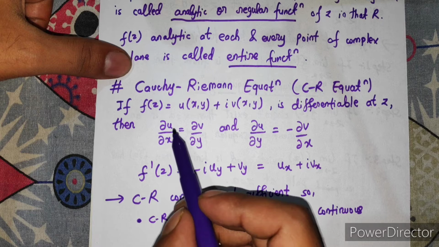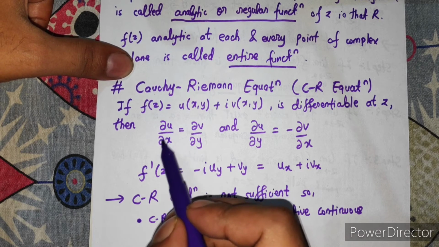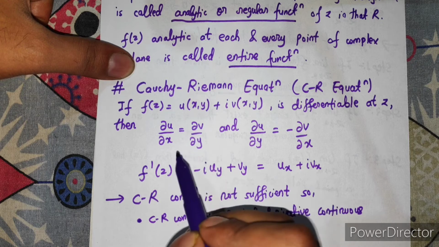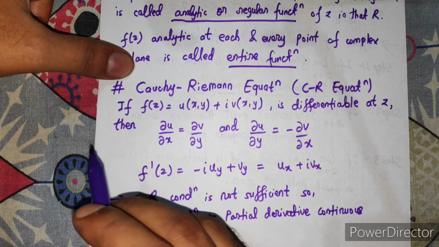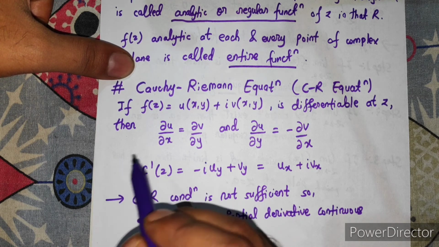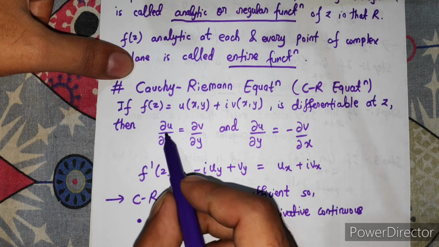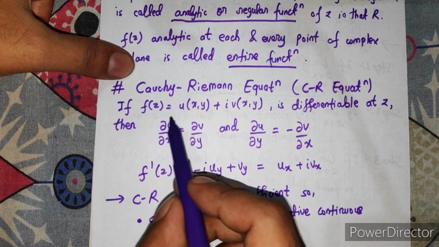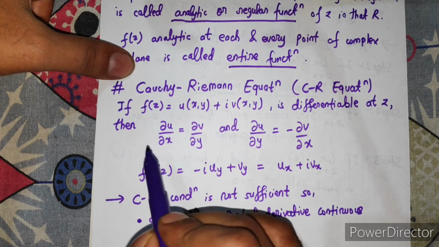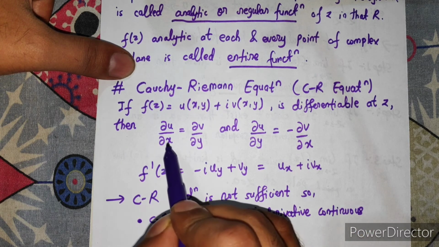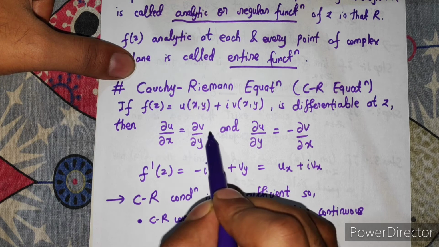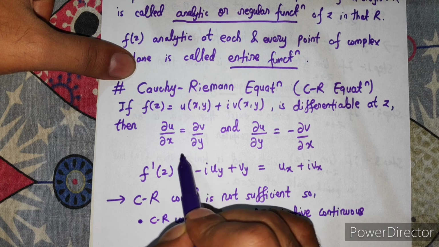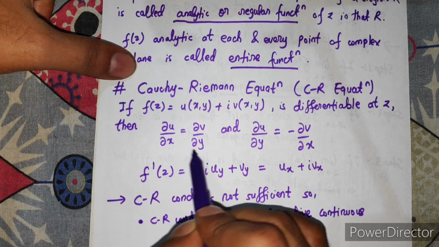So what is the equation? The partial derivative of u with respect to x must be equal to the partial derivative of v with respect to y. This is the sign of partial derivative. You know how to do partial derivatives. du by dx means you have to differentiate the expression keeping y constant, because you are differentiating with respect to x. For dv by dy, you keep x constant and differentiate with respect to y.